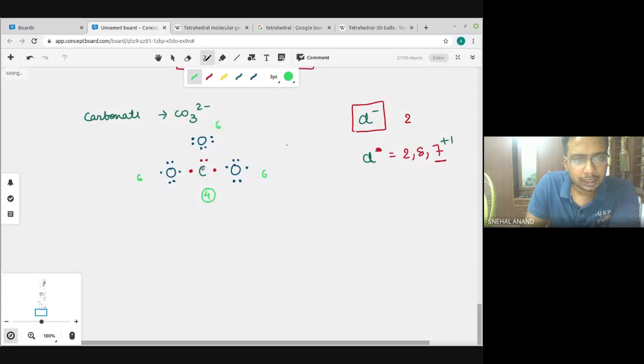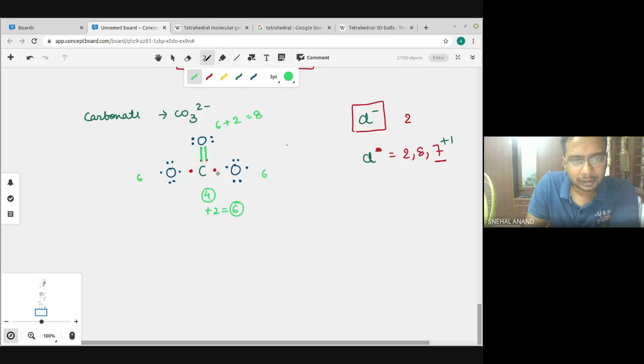This oxygen starts sharing 2 electrons with this carbon. Is that fine? Now this oxygen gets 2 more electrons, that makes it 8. And this carbon gets 2 more electrons, which makes it 6. I hope this part is clear to everyone.